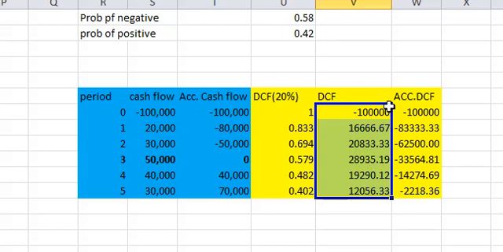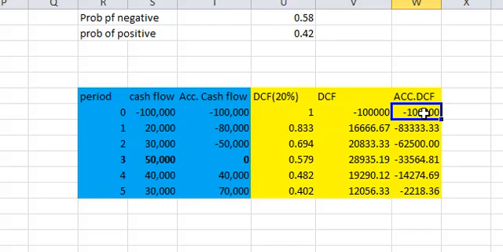Then after getting the discounted cash flows, you accumulate in the normal way we do our payback period. So year 0, that is our initial investment, plus the cash flow in year 1, we get this, plus the cash flow in year 2, we get this, plus the cash flow in year 3, we get this, plus cash flow in year 4, we get this, plus cash flow in year 5, we get this.